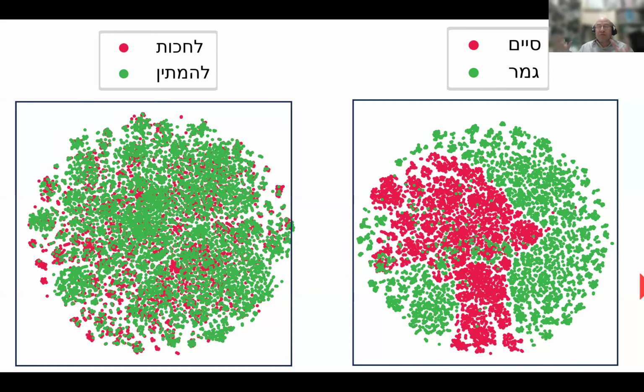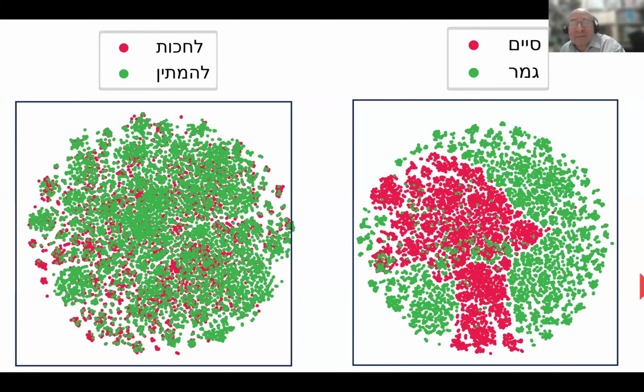And those 20,000 sentences were all run through BERT. Then I ran the TSNE dimension reduction algorithm on those 20,000 as a single unit. But then I colored the dots afterward based on whether they had come from a sentence with lehamtin or a sentence with lechakot.